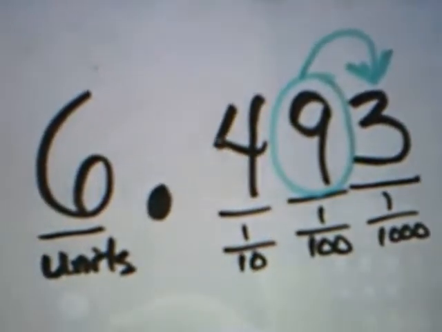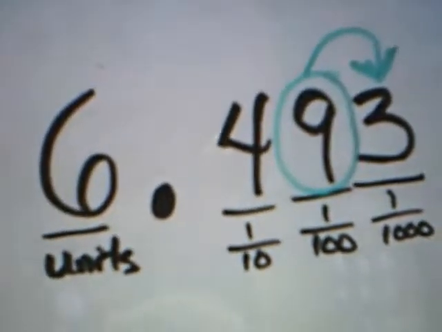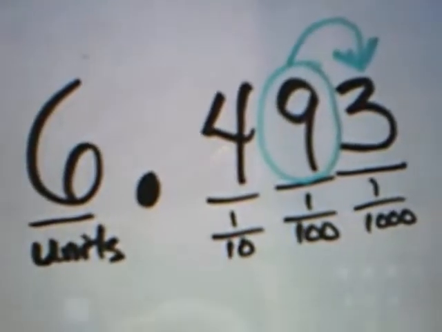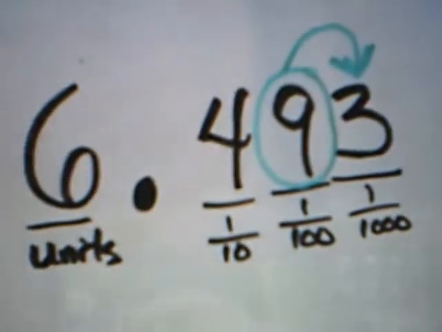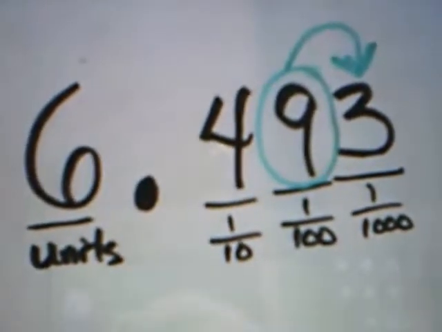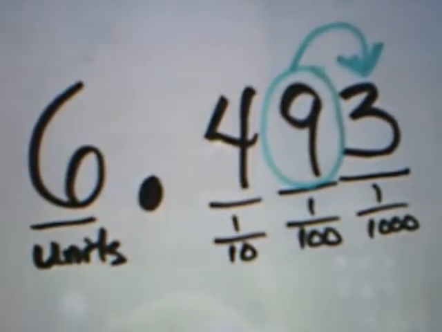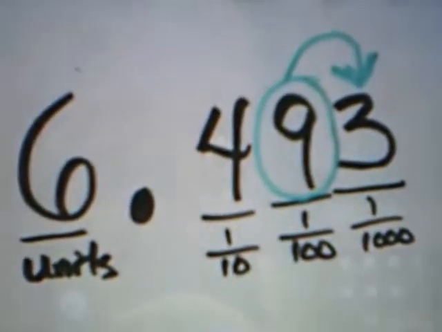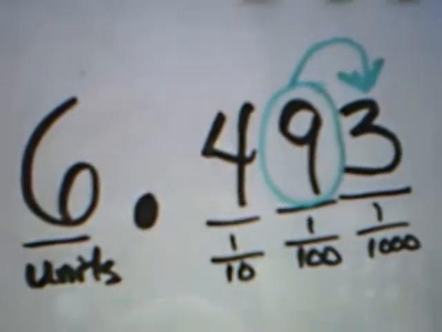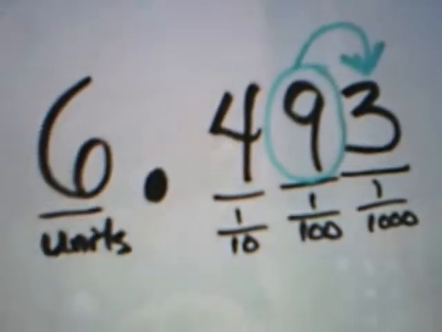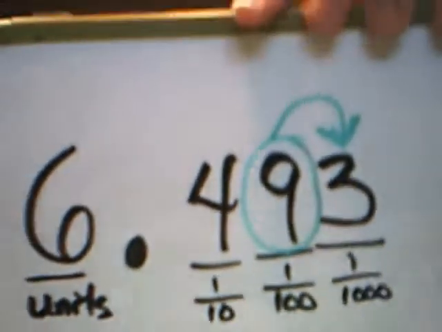Well, we take 6, and we're going to leave that alone, and we're going to take the 4 tenths and leave that alone because we're not rounding that. Now the number in question is the 9 in the hundredths place. Now we're using the neighbor to the right, which is a 3. It is not 5 or more, so we're going to round this number to 6 and 49 hundredths.